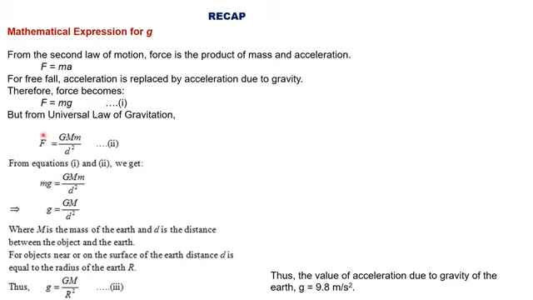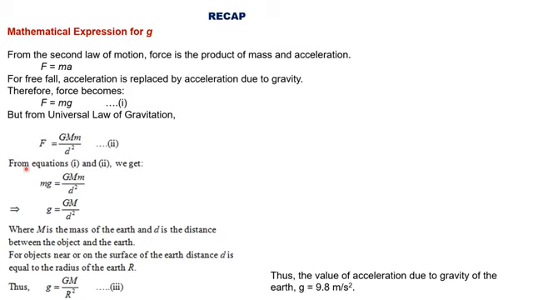Clear? Now we know that the force is equal to capital G. Now what is capital G? Capital G is the universal gravitational constant. According to the universal law of gravitation, F equals capital G, capital M is the mass of an object, in this case we will consider the mass of Earth, small m is the mass of an object, and d is the distance between the two objects, and square, that is d square, the square of the distance between the two objects.